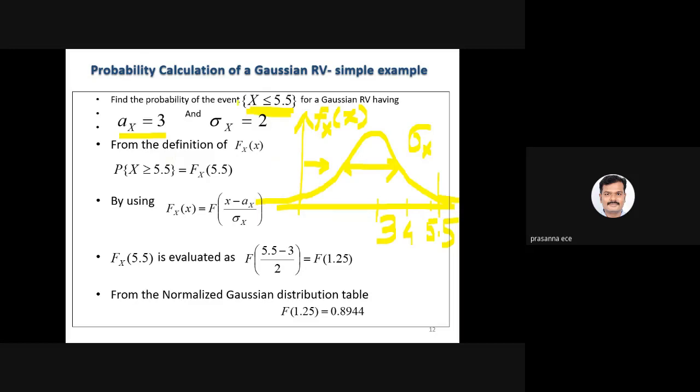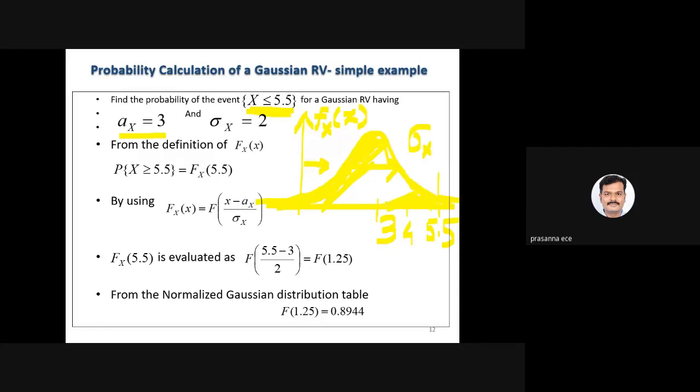I want to find the probability of capital X less than 5.5. How do we find that probability? It is nothing but the area under the curve until the point 5.5, formed by this closed figure.